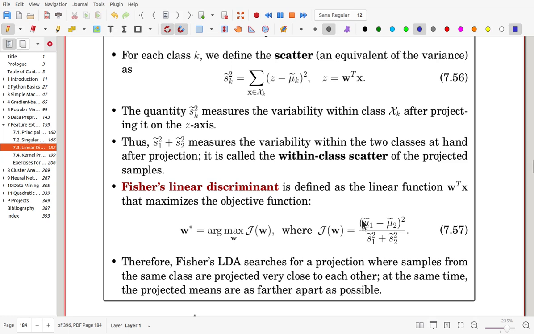Usually when you define an objective function with such a fraction, the denominator is more sensitive, so the solution will lean toward the bottom. Once you solve the problem, W, the projection vector, tries to minimize this denominator.